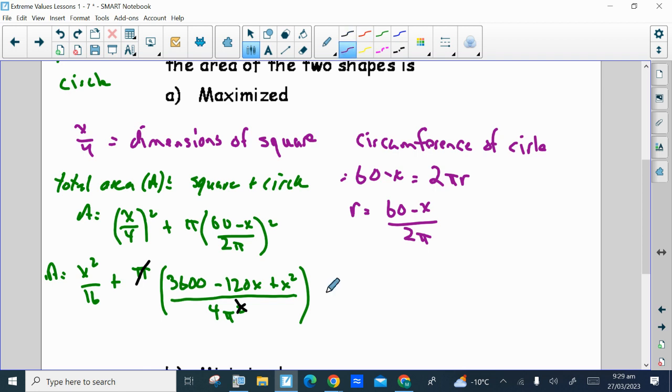So now we can say this equals x squared over 16 plus 3600 minus 120x plus x squared all over 4 pi.